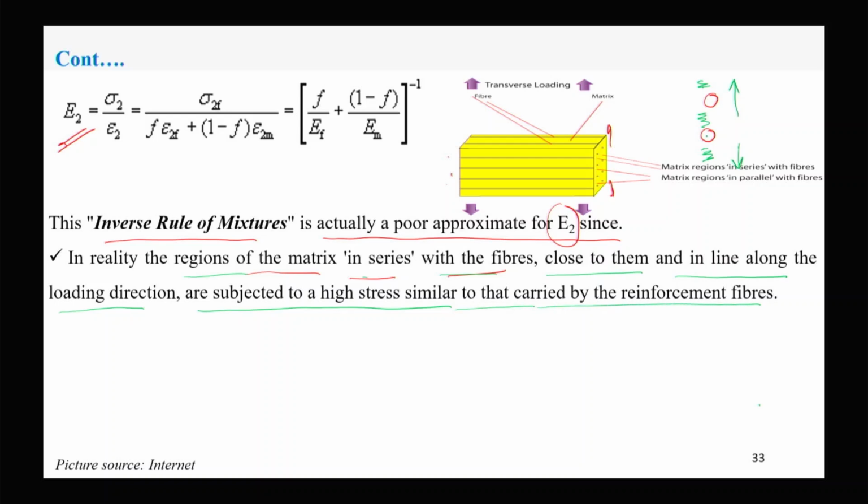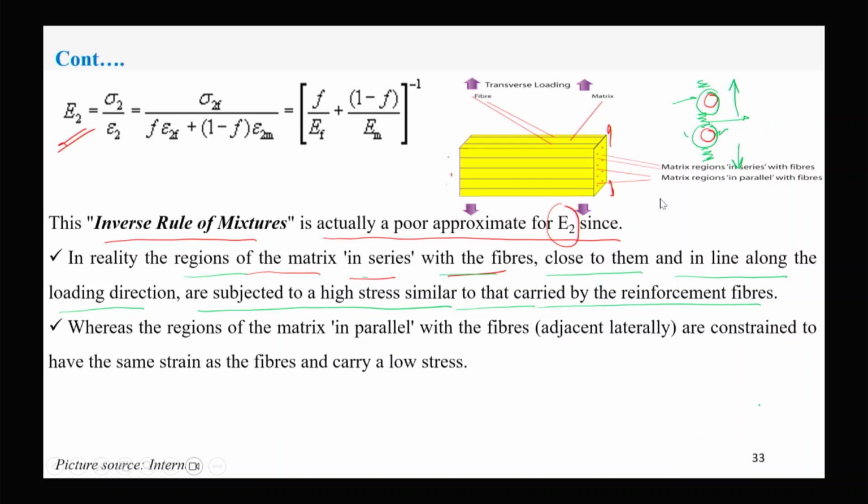So here the region which is close to fiber, the matrix will be stressed at a very high level compared to the other. So here unequal distribution of stress on the matrix portion is there, whereas the region of matrix in parallel with the fiber adjacent laterally are constrained to have the same strain as that of fiber.